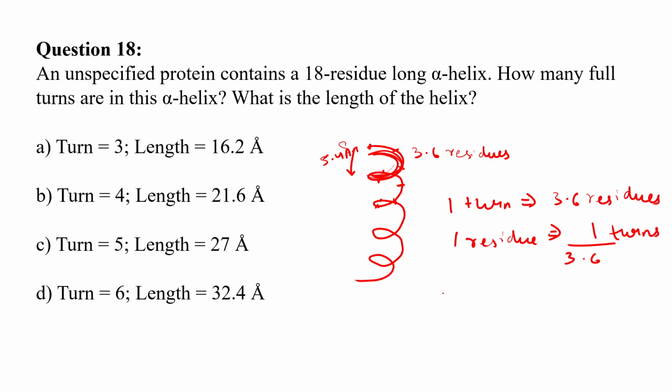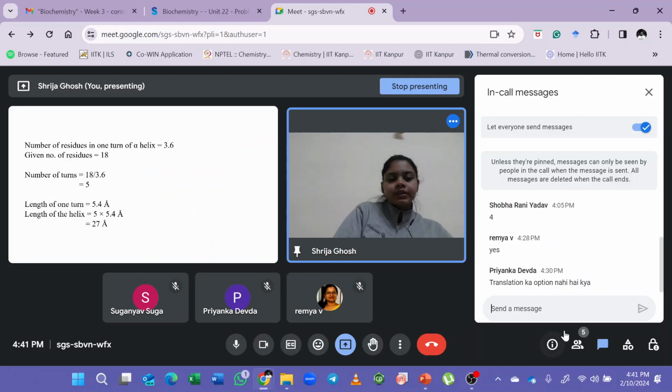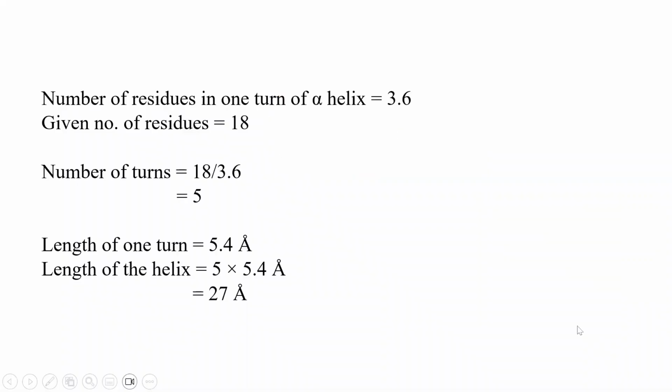And 18 residues will have how many turns then? 18 by 3.6 turns. So if you divide 18 by 3.6, you will get the answer to be 5. Okay, so the number of residues in one turn of an alpha helix is 3.6.